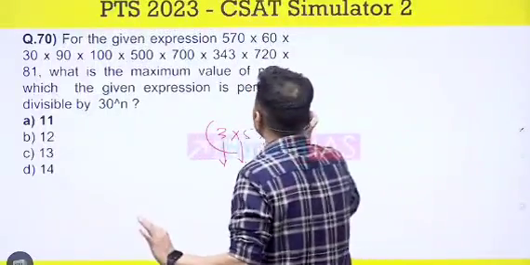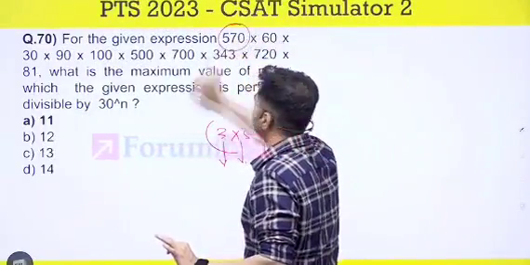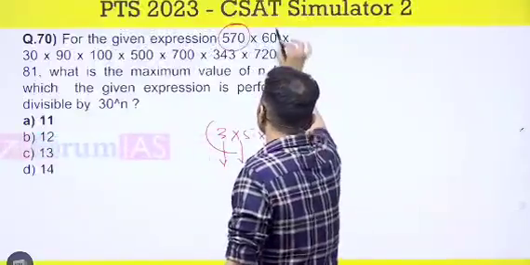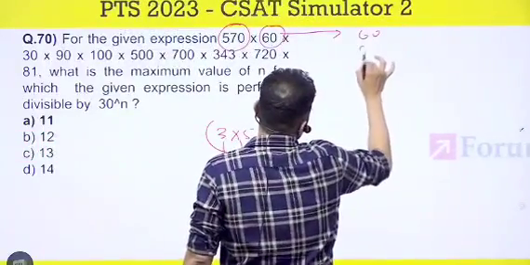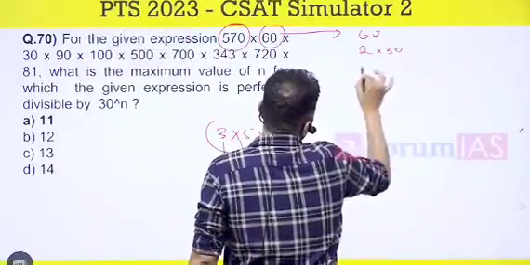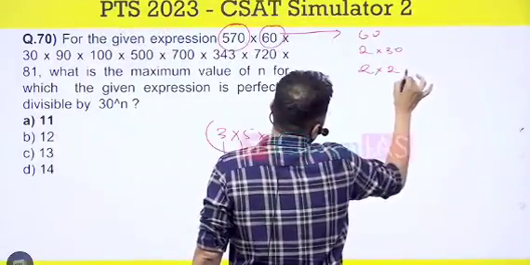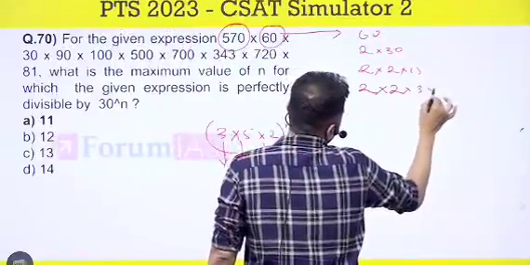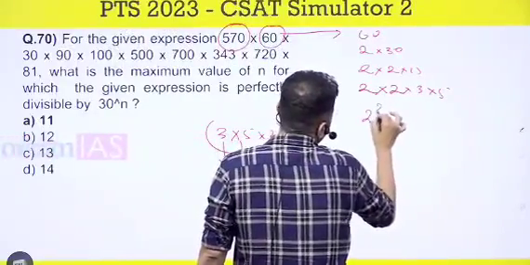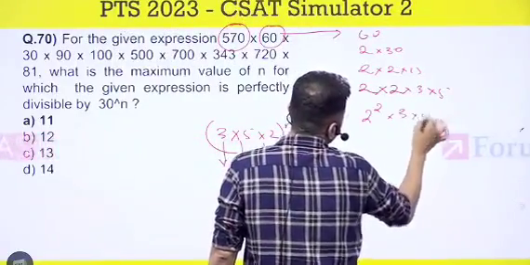So now this is again a lengthy question because I have to prime factorize this. Let me do it for this. I can write 60 as 2 into 30, then 2 into 15. So 2 into 3 into 5. So 2 square into 3 into 5.